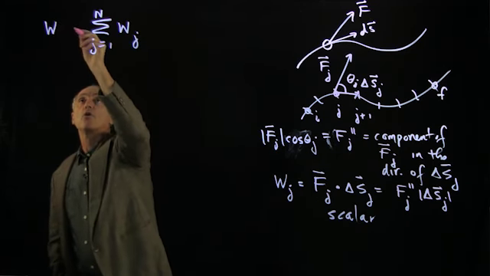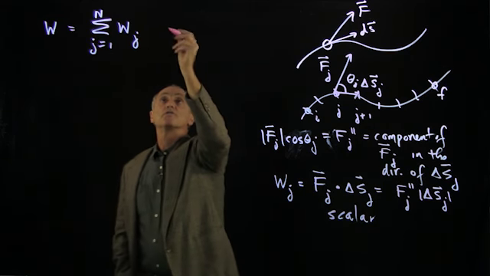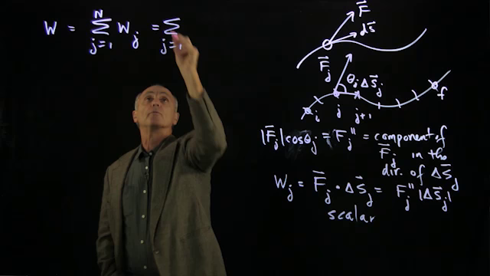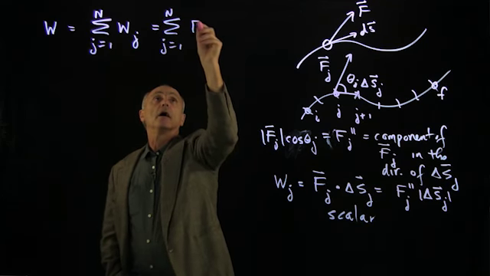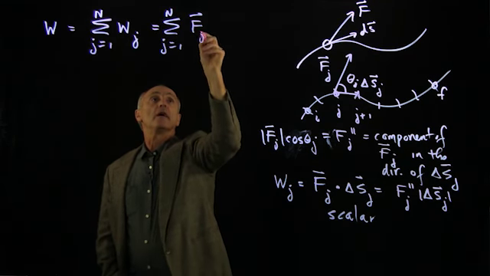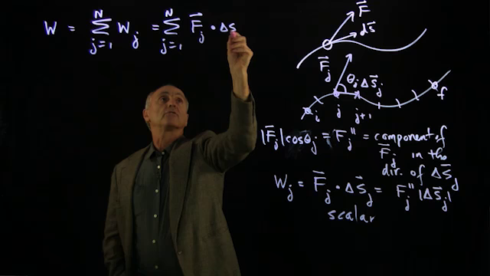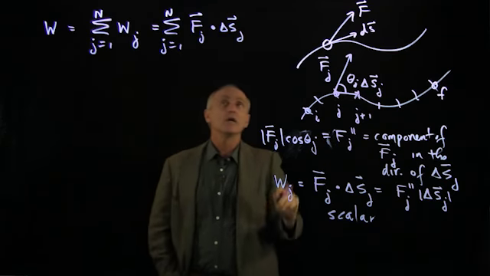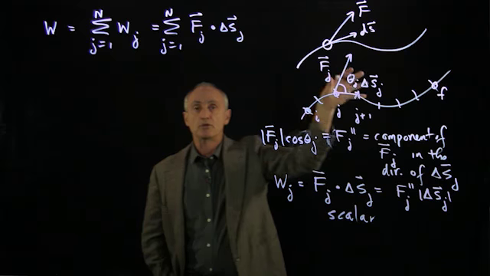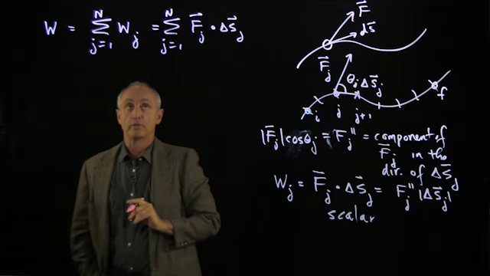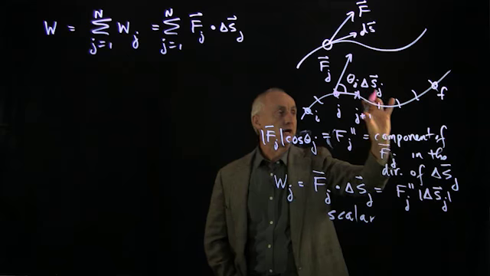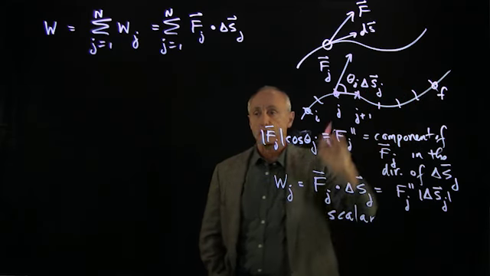And right now we're going to call this w, just that scalar sum, and that's equal to the sum, j goes from 1 to n, of fj dot delta sj. So now we'll use the vector dot product because we already know that this is how much of the force is in the direction of the motion. However, this answer depends on how fine we broke up this path.